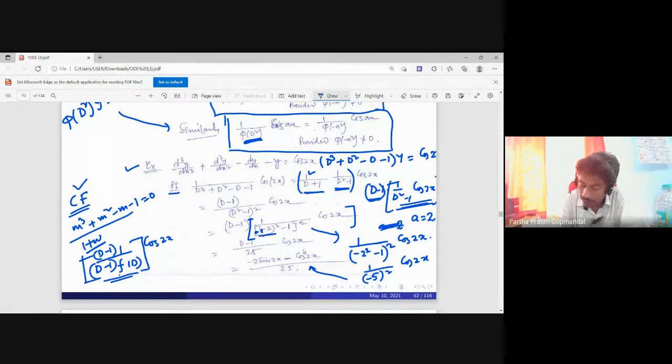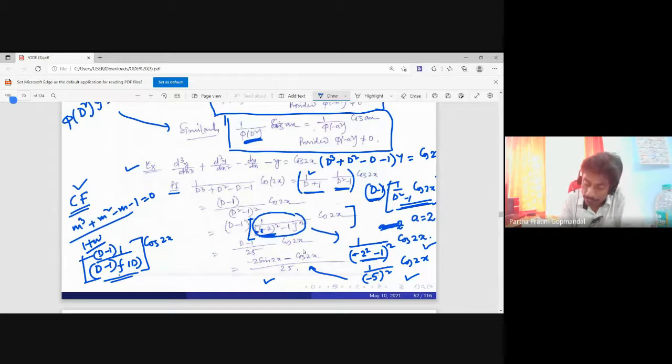The mistake was that it is minus a square, minus of 2 square. So the answer is correct, but there was a little mistake. This is the correct form.